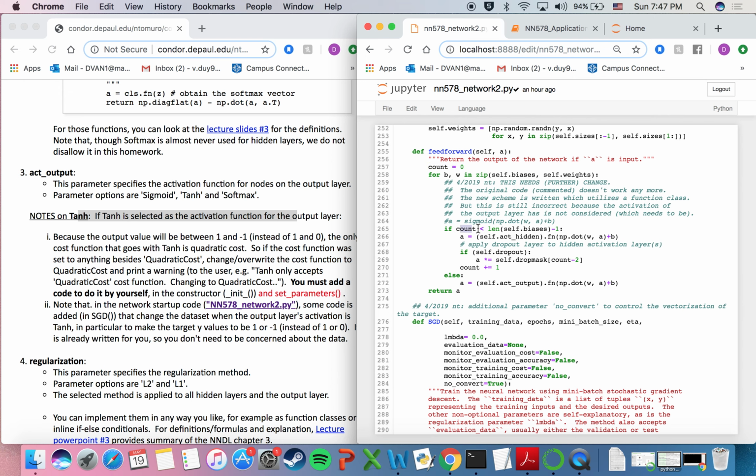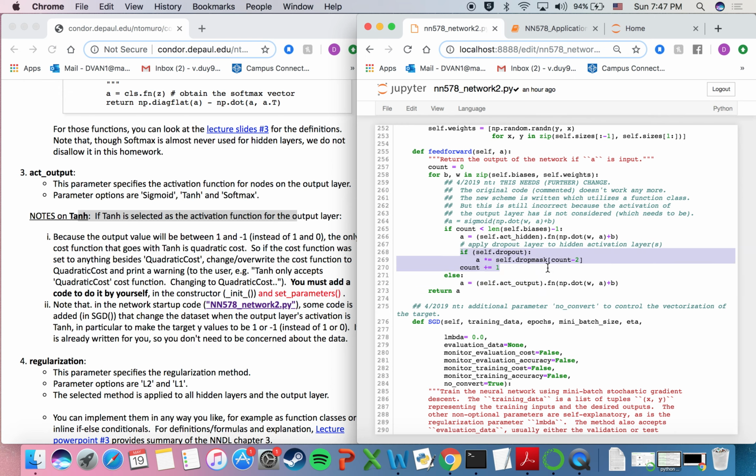If the count is less than the length of the sizes minus 1, which is the output, so which is the input, then the feed forward is going to have the function of the activation hidden, and else it's going to have the activation output function right here.